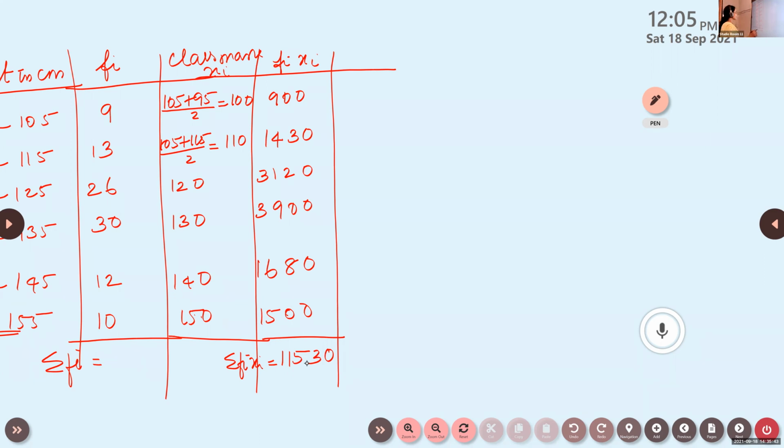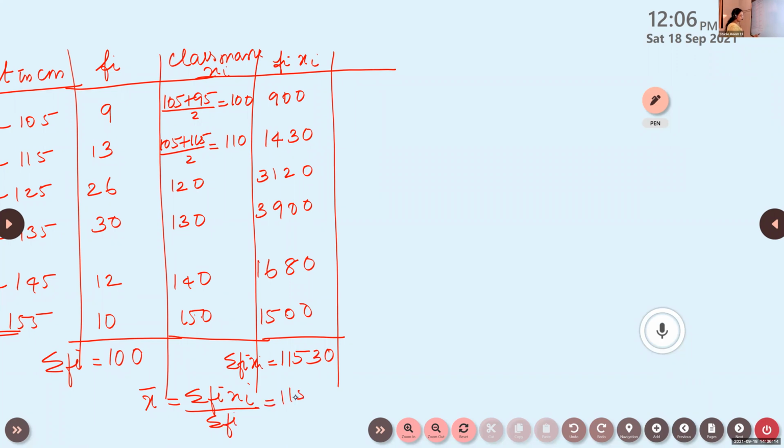The next step: what is sigma fi? Is it 100? If it is 100, then find the mean. What is x bar? Sigma fi xi by sigma fi.